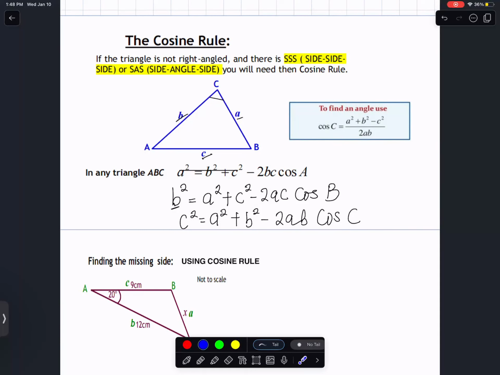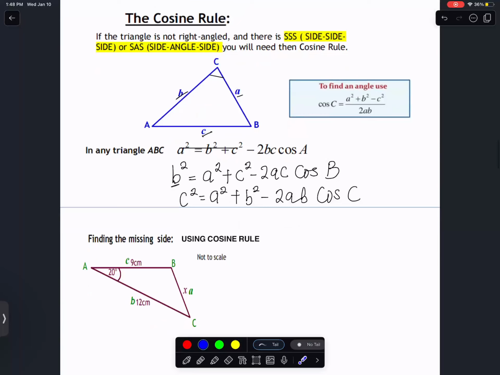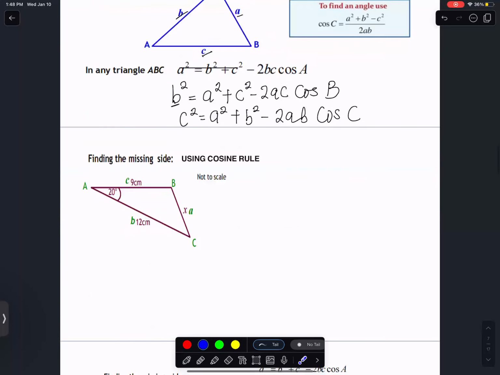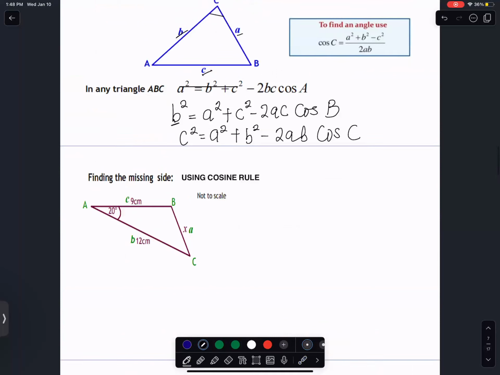So we are going to be applying our cosine rule in finding the missing side of this given triangle. So applying the cosine rule, if you look at this triangle, we have the matching opposite side to the 20 degrees angle as x.